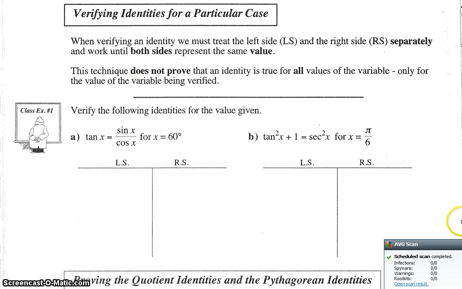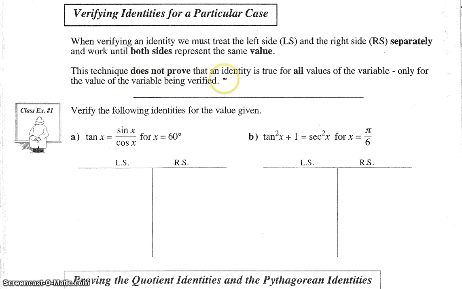That doesn't mean that the identity is proved for all values, but just for that one value. That's the difference between verifying and proving, which we'll get to in a second. Like I said, we'll return to this concept on the next lesson. You don't have any questions assigned on this lesson on that particular topic. So let's look at the next page.